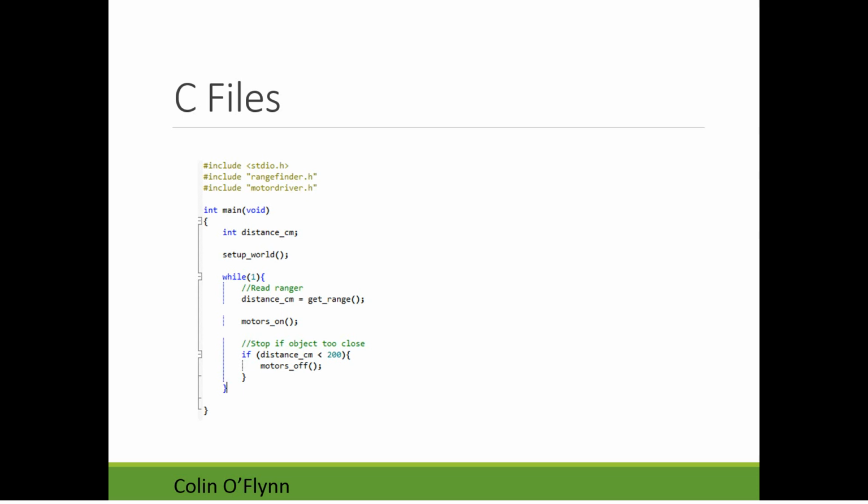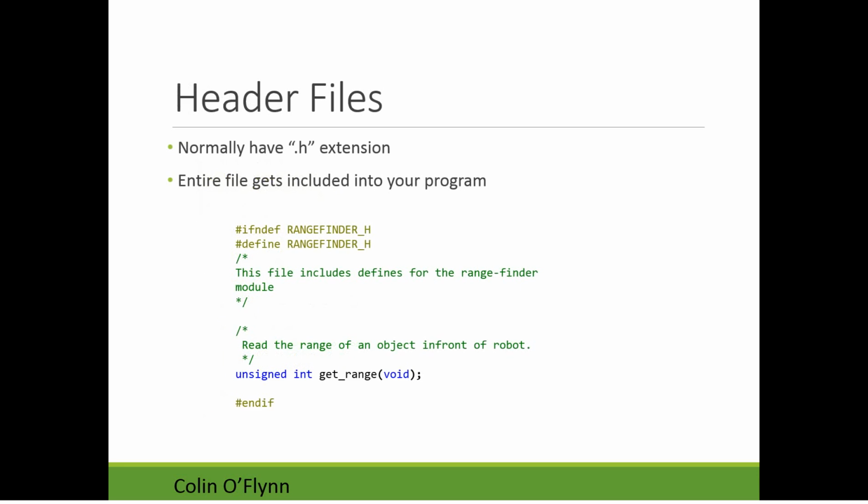The C file I showed you before has all your source code in it, and at the top of it we see these includes. These includes are where the header files come in. You can see motordriver.h, rangefinder.h. These are header files, and the entire file gets taken and shoved into your C program.